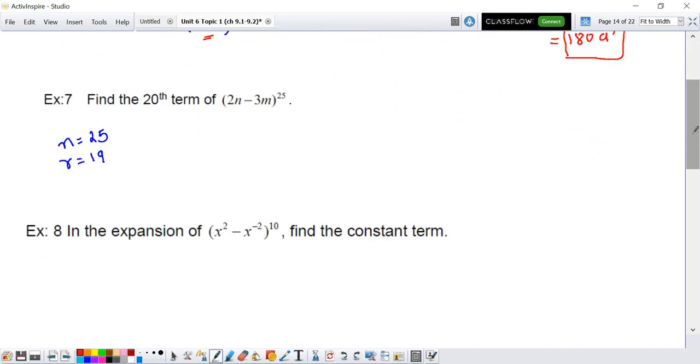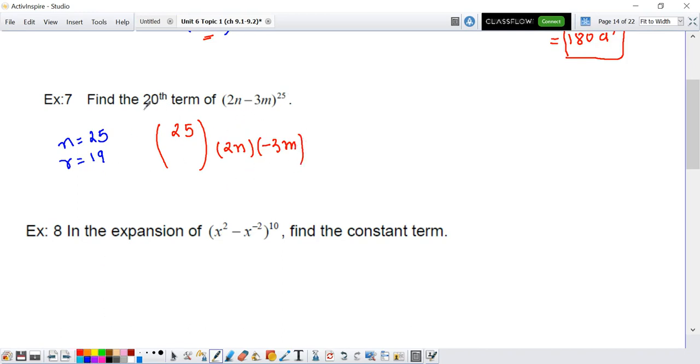Like I said previously, if it is the 20th term, that means r is 19. You always start from 0. Now here we have a pretty high power, and you are not expected to simplify this, but I still need to see the setup. So 25, this is 2n and negative 3m.